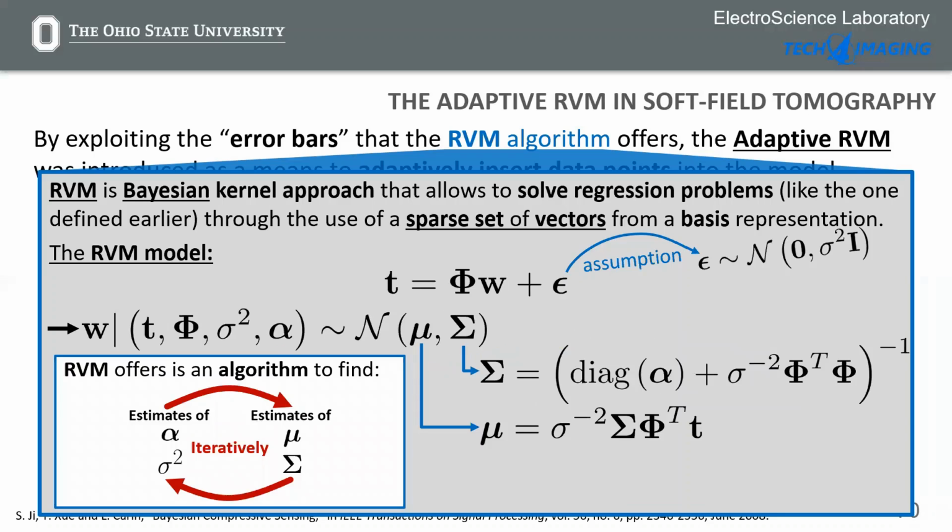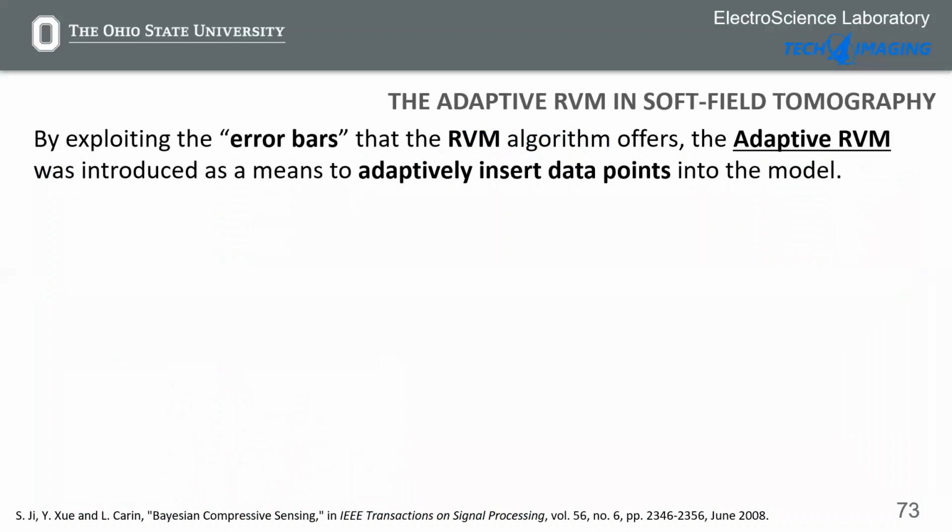It's important to highlight that our estimate of W ends up being mu, because that's the point that maximizes the posterior distribution. Therefore, our measure of uncertainty in this case is given by sigma, the covariance matrix, taking advantage of the fact that we have a Gaussian distribution.